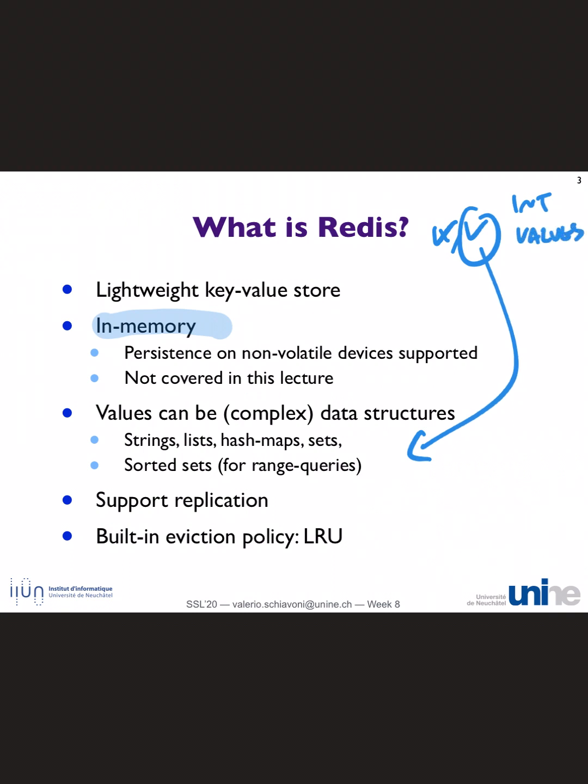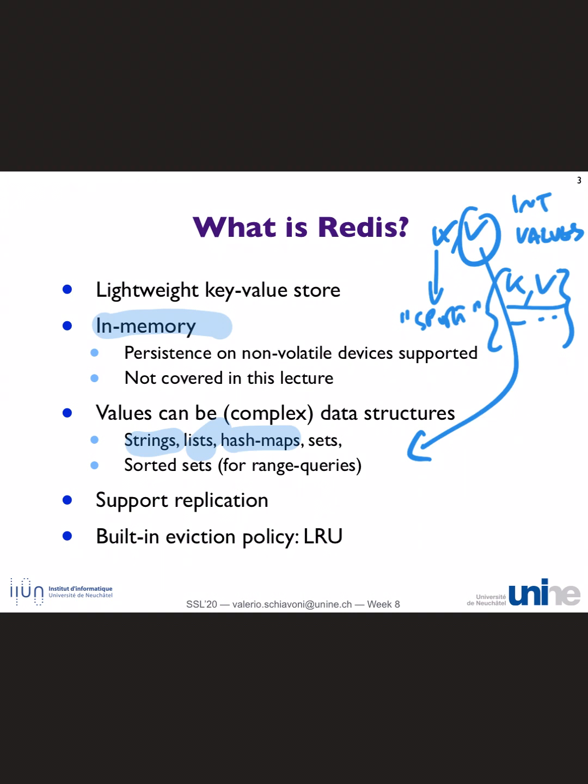Now we are dealing with something a bit more complex, such as strings, lists, maybe even hash maps. So in the hash map table, you would have a key that identifies something, let's say sport, and then here you would have a hash map, which is once again a key and a value, a set of keys and values, in fact.